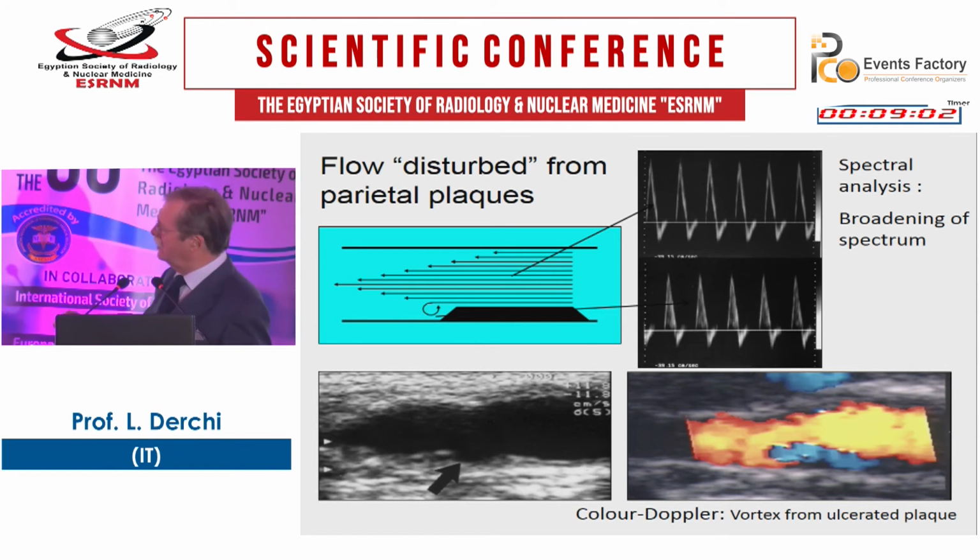And if we put the sample volume in the middle of the vessel, it is a very narrow spectrum. If we put the sample volume close to the ulcerated plaque, you see it starts widening the spectrum.